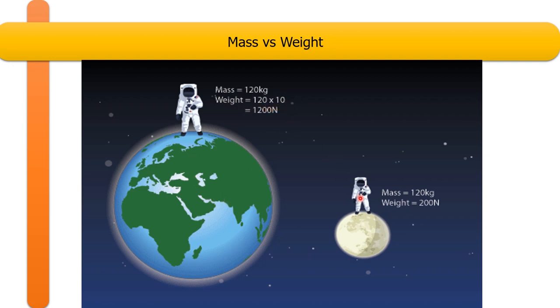Whereas if you were on the moon, your mass is still 120 kilogram, whereas your weight will be less. So the weight varies according to where you are, but the mass is constant.